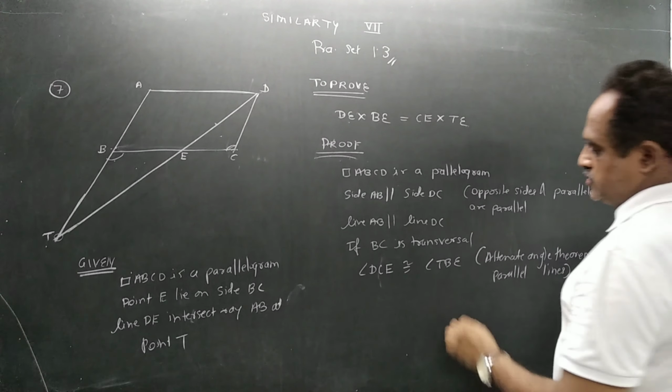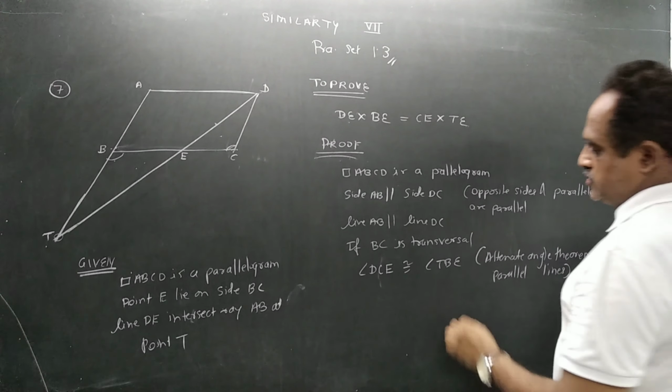Once we got that, now we can take the corresponding sides. Therefore, DE upon TE is equal to CE upon BE is equal to DC upon TB, by corresponding sides of similar triangles.